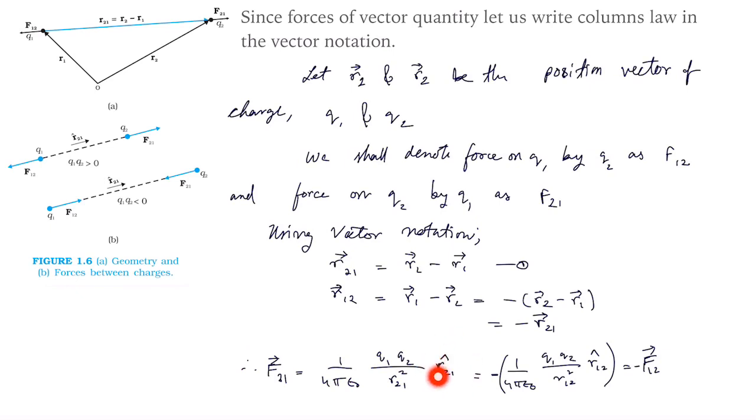Now if we change R21 to R12 in this expression, we get a minus sign, which gives minus of F12, the force on charge Q1 due to charge Q2. So the force on charge Q2 due to Q1 is opposite to the force experienced by Q1 due to Q2. Therefore we can say that the electrostatic force obeys Newton's third law.